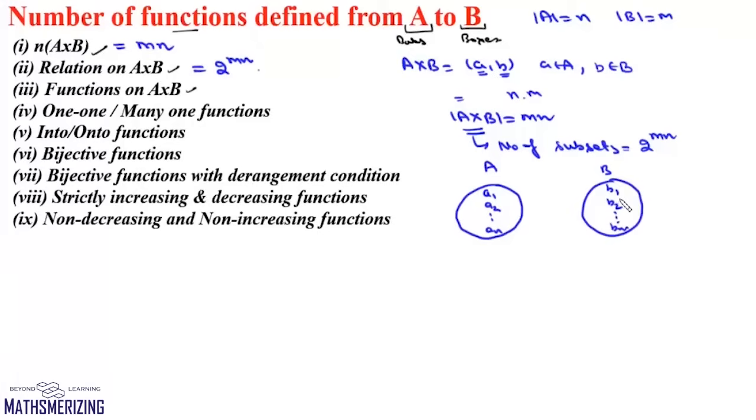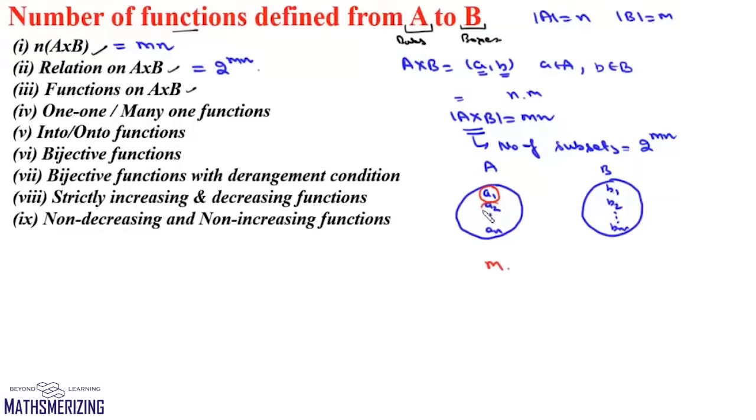Now any relation is a function if for each and every element in domain A there exists an image in set B and that image is unique. So that means for this element A1 we need to find an image in the set B. So how many choices do we have for this element A1? We have m choices. So it can be mapped to either B1 or B2 or B3 or Bm.